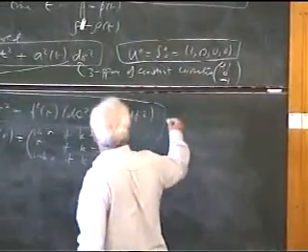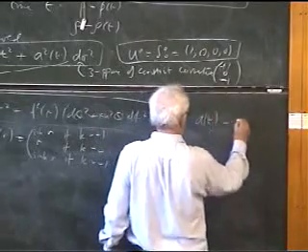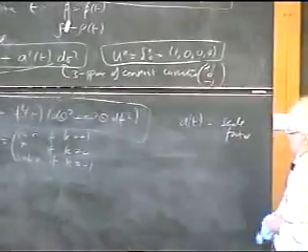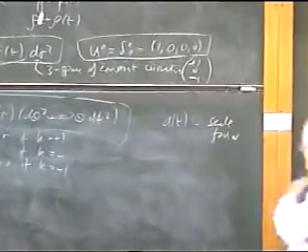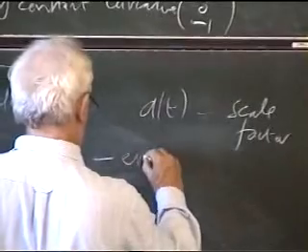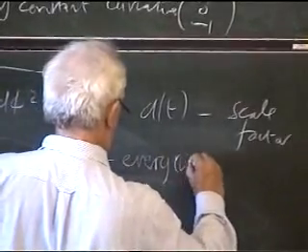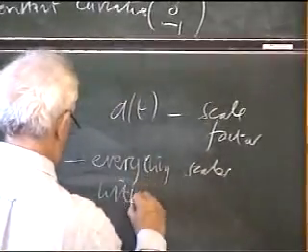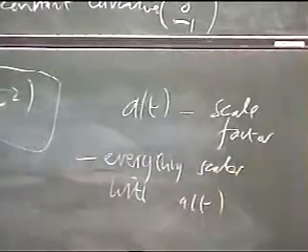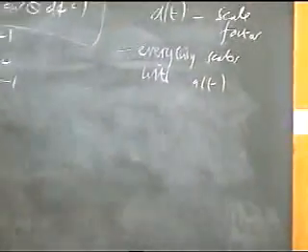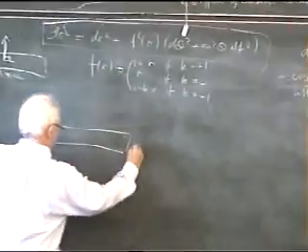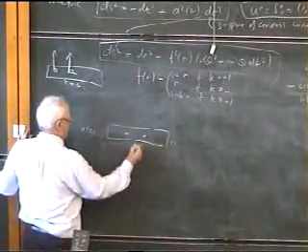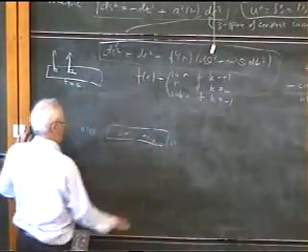Now, A of T is a scale factor. What that means is everything scales with A of T. Everything. So if you look at the universe here at an initial time T1, where you have A of T1, and you have a galaxy there and a galaxy there, G1 and G2.